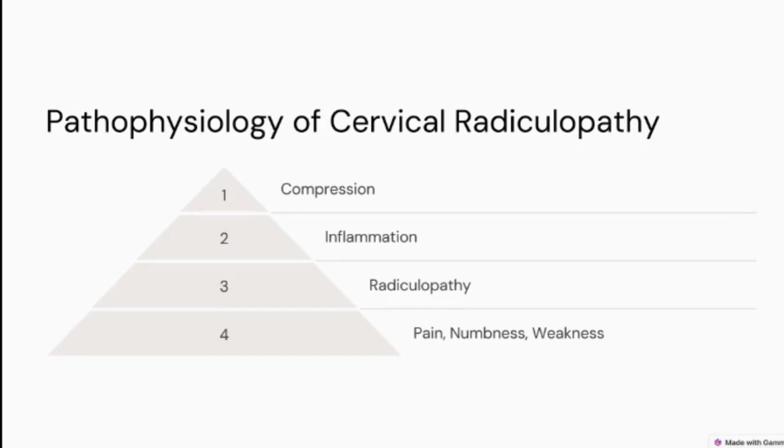This leads to inflammation and disruption of nerve function, causing pain, numbness and weakness in the upper extremity. So the basic pathophysiology is compression, inflammation, radiculopathy, pain, numbness, weakness, caused by herniated discs, degenerative changes or trauma.